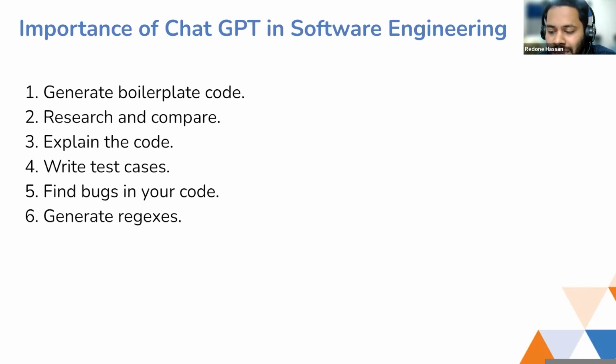Explain the code. Sometimes we face that when we are engaged in a particular project, we also move on to another project at the same time. At that time, when we want to implement something, at first we have to make ourselves used to their code base.